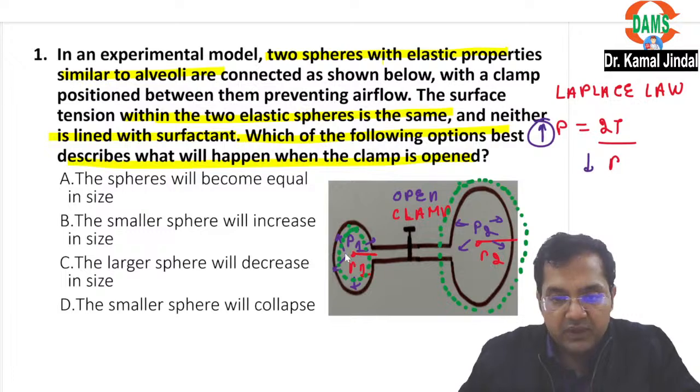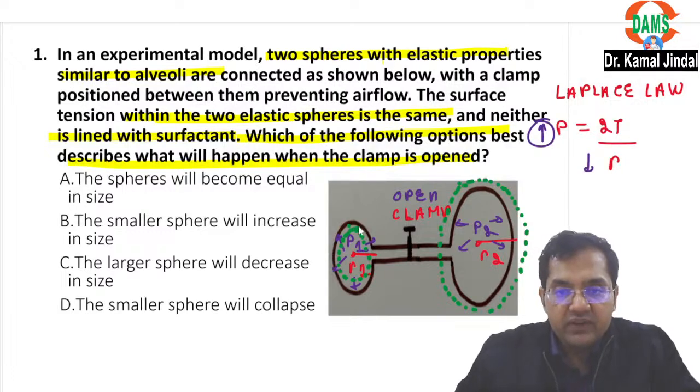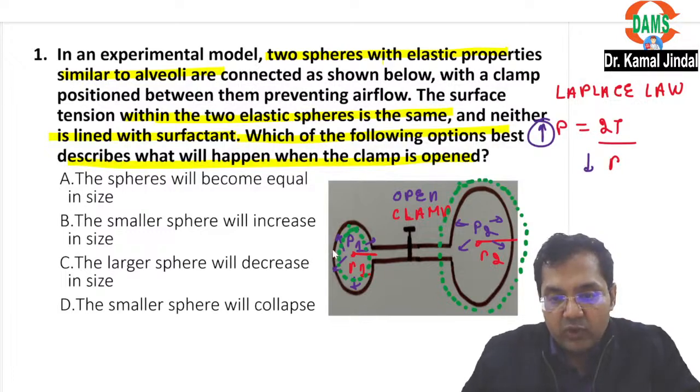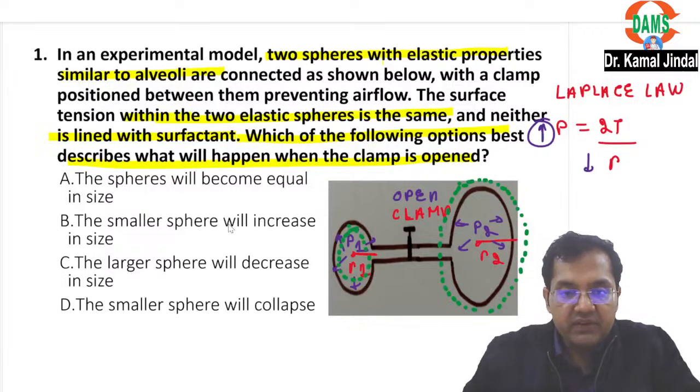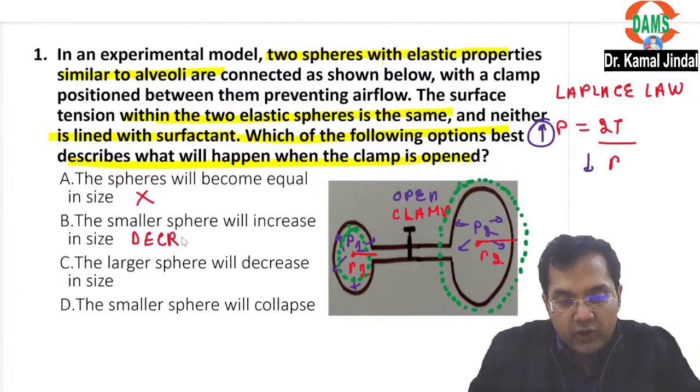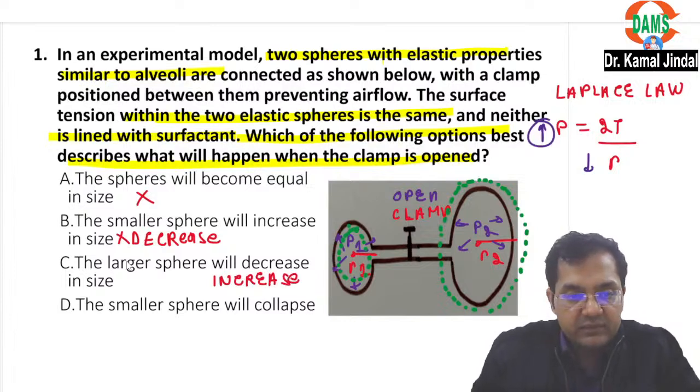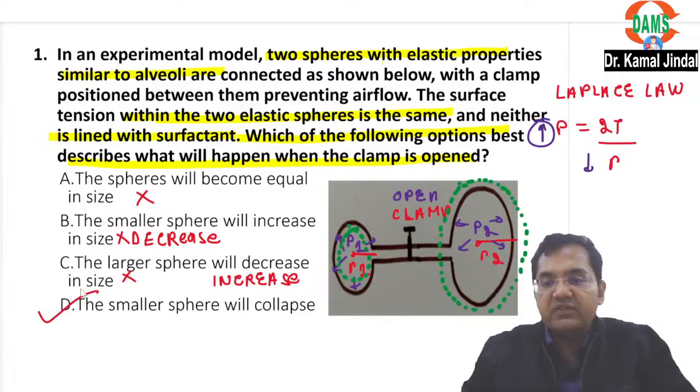Because remember, this smaller sphere requires larger distending pressure, so I am not able to maintain the distending pressure. So will the spheres become equal in size? No, the smaller sphere will decrease in size, not increase. The larger sphere will decrease in size? No, larger sphere will increase in size. So the correct answer is not ABC, but smaller sphere will collapse, right?